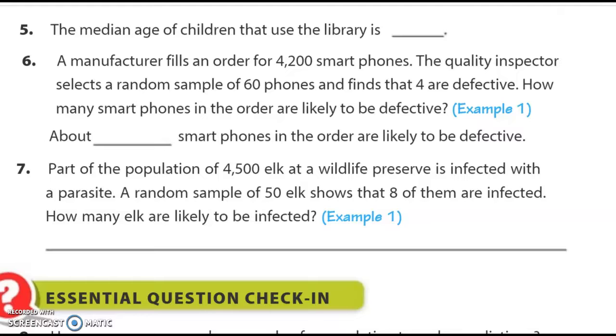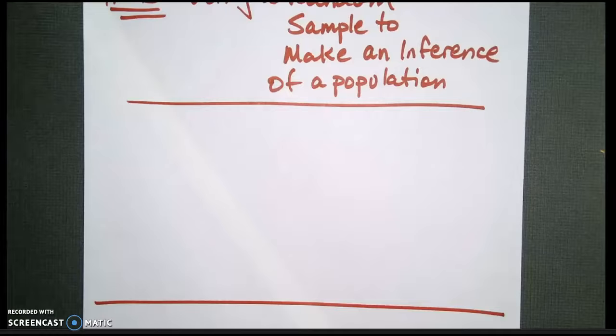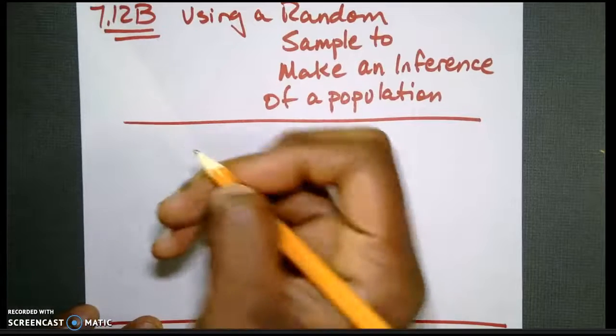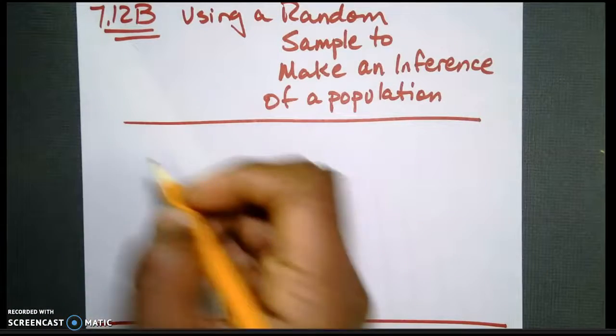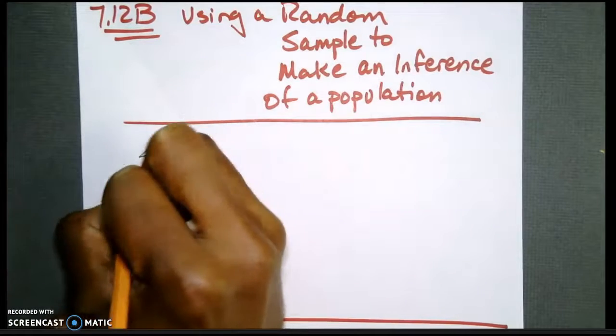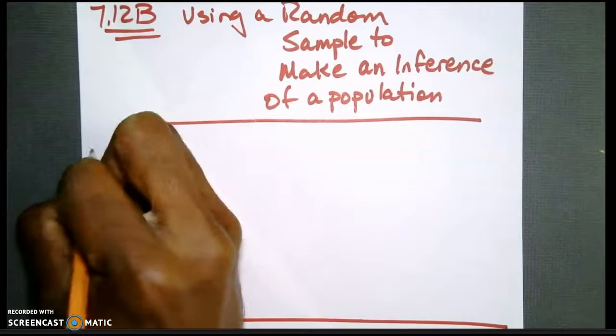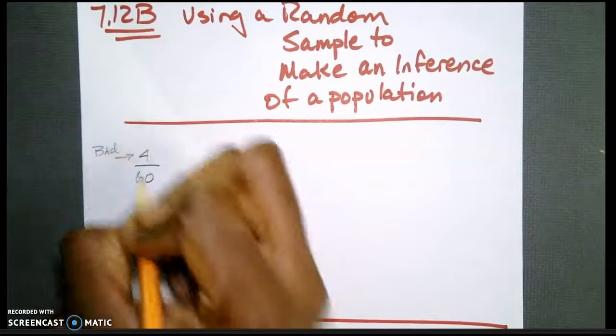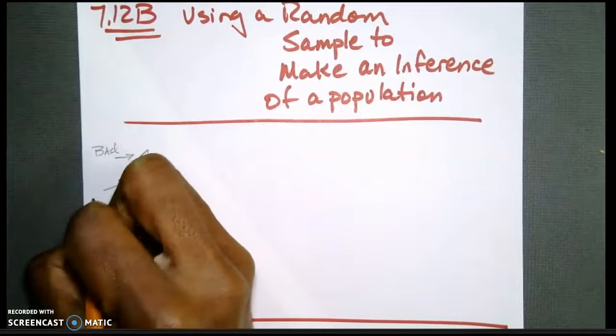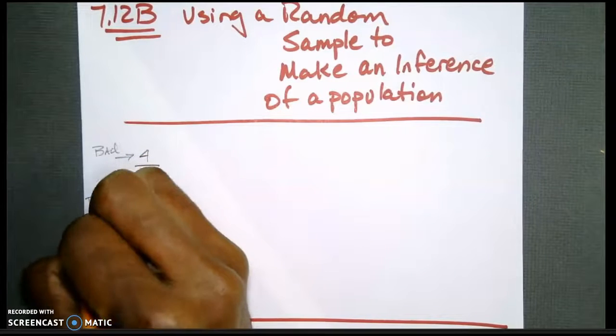So the first thing I want to do is go over to my work. Okay, first of all, I want to set up a ratio. I know that 4 out of 60 are going to be bad. There are 4 bad phones, and this is the total sample.